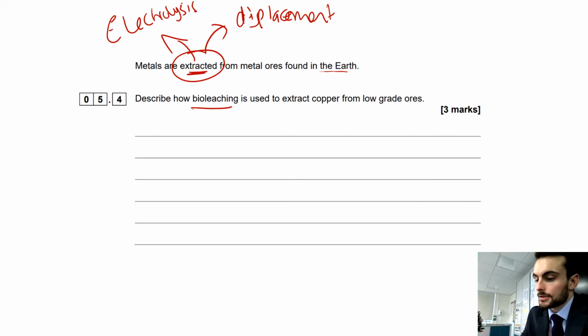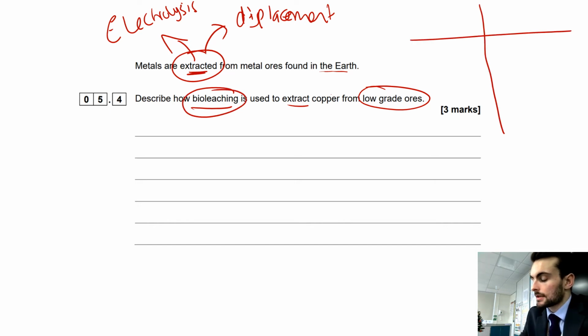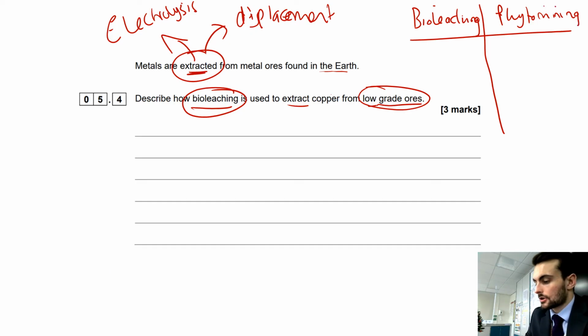Describe how bioleaching is used to extract copper from low-grade ores. As soon as you see the word bioleaching, immediately I'm thinking there are two methods that kind of link together talking about low-grade ores, and that is bioleaching and phytomining. They kind of go hand in hand, especially when you're doing this topic.